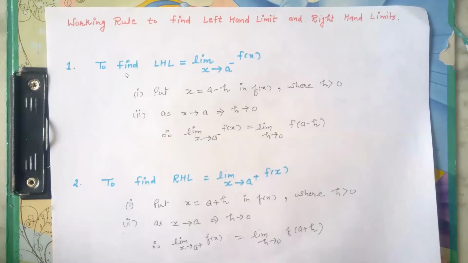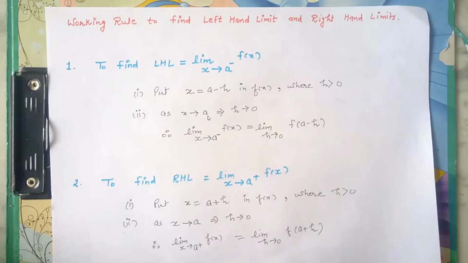Now let us discuss the working rule to find the left hand limit and right hand limit. First of all, to find the left hand limit, which is denoted as limit x approaches a minus of f of x, here we put x equal to a minus h, where h is considered greater than 0 but a very small number.